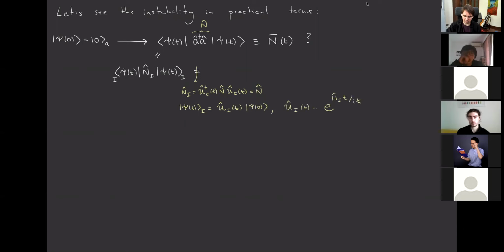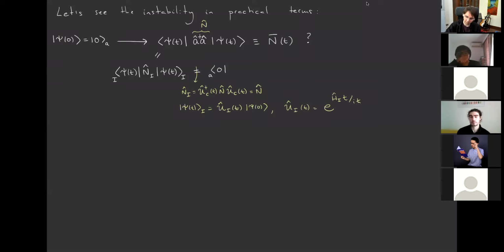So then using these two definitions, the transformation of the operator to our picture and the transformation of the evolution of the state to our picture, we see that the form that we have for this average photon number is just the following. So let me write it down.